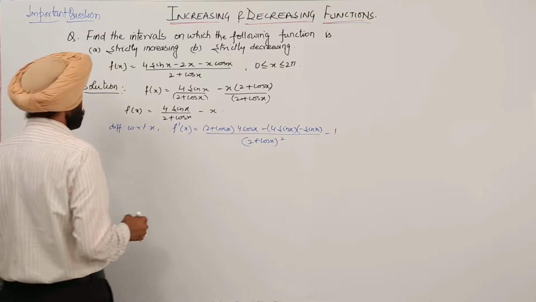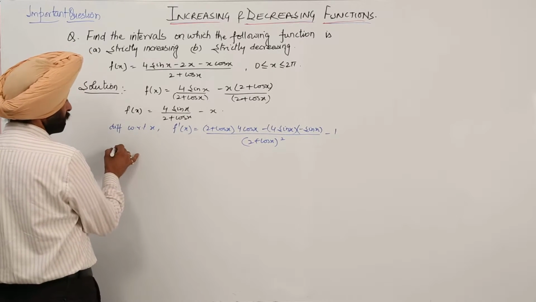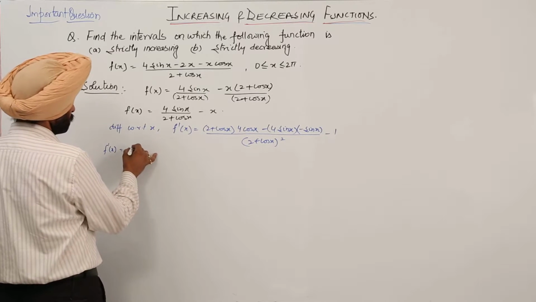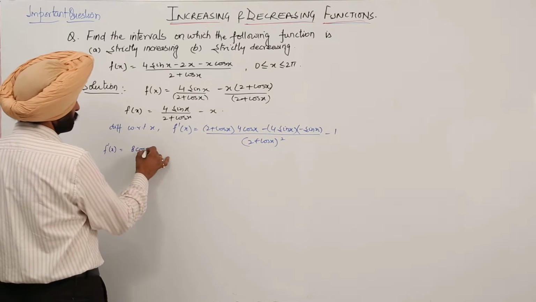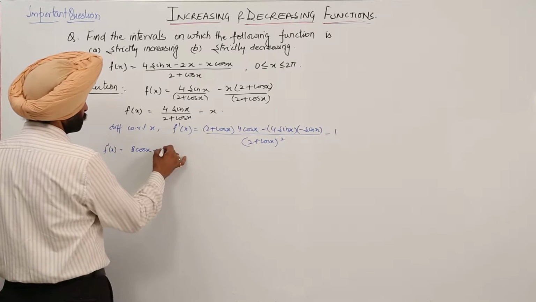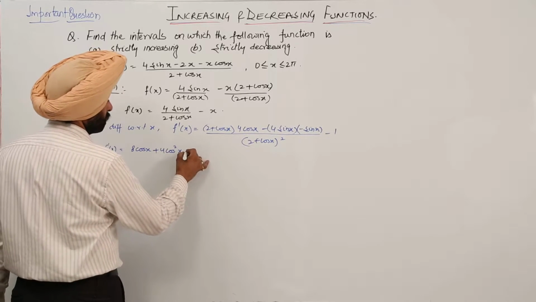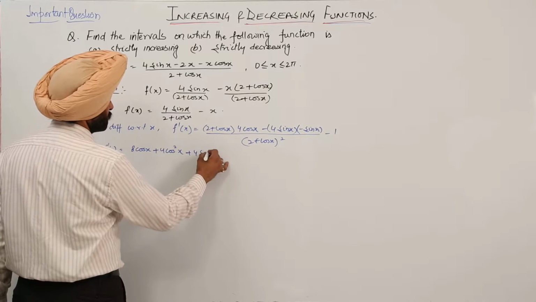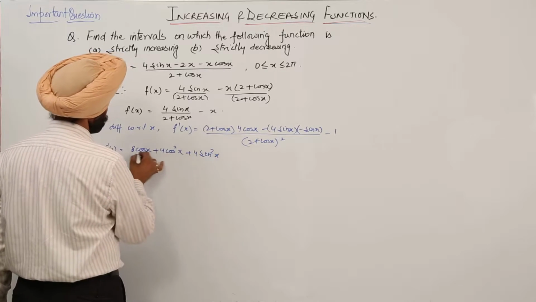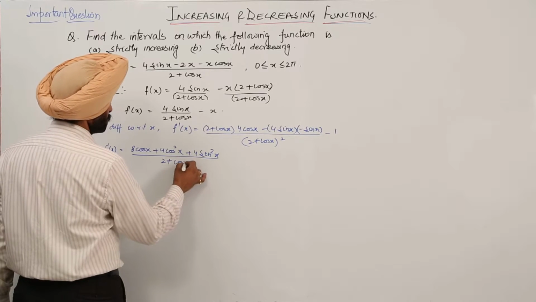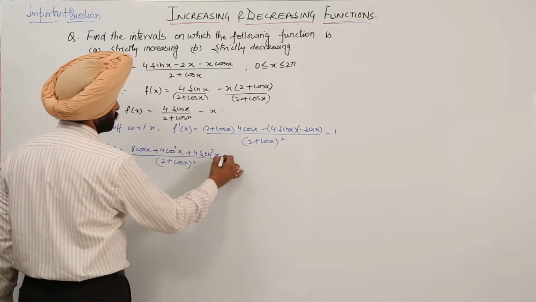So now what are we having? f'(x) is equal to 8 cos x plus 4 cos square x plus 4 sin square x upon 2 plus cos x whole square, minus 1.